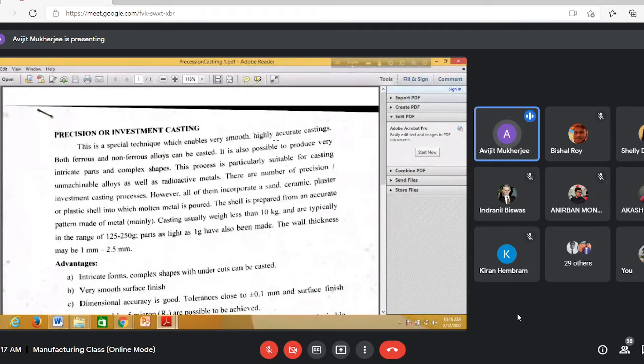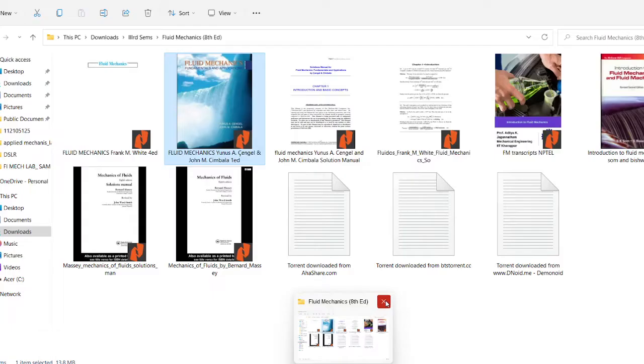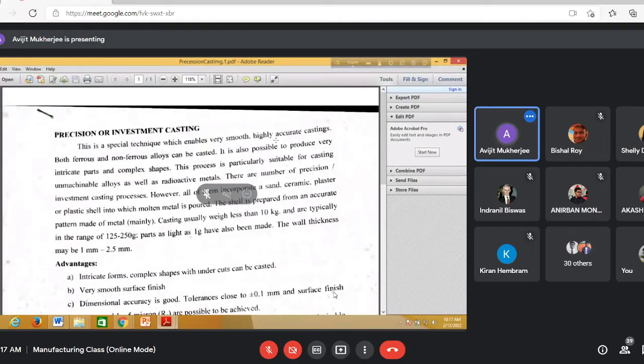So both complex part geometry, accuracy in dimensional tolerance, all these are very important, particularly unmachinable alloys and radioactive metals. These are the very important application area. However, this is not the process suitable for mass production.